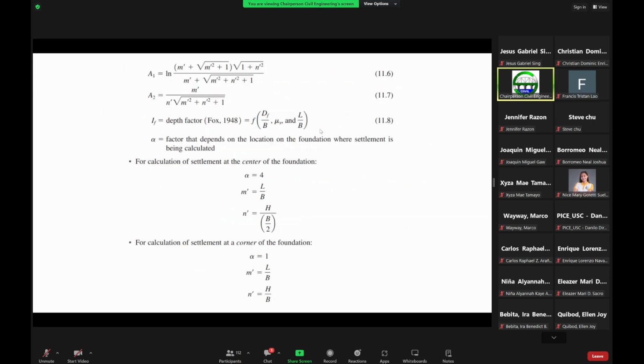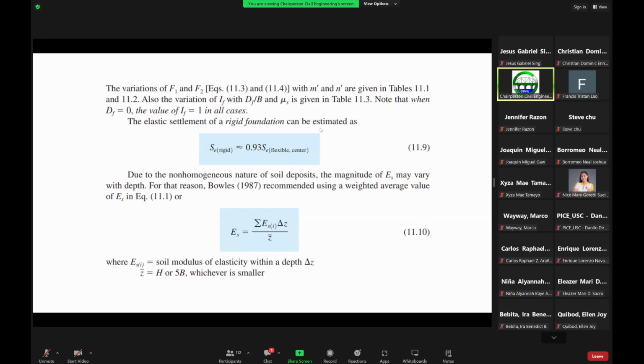But if you have a rigid foundation, then the elastic settlement of a rigid foundation can be estimated by this formula here, which is about 93% of the flexible settlement. Take note, this is at the center. So that's about 93%, or 0.93 of the flexible settlement.